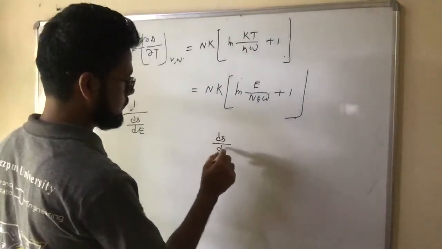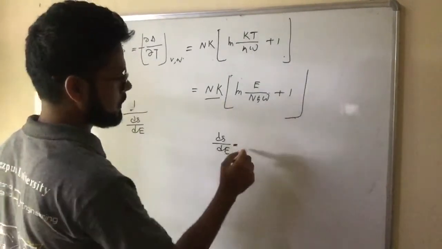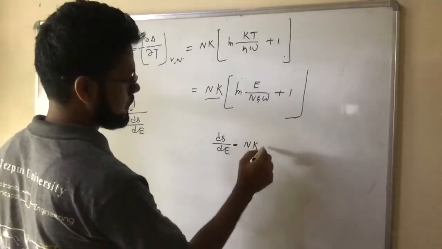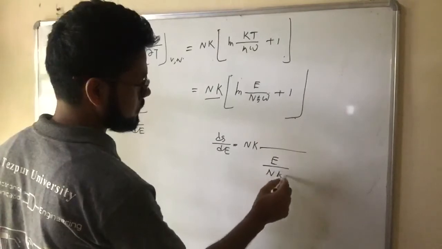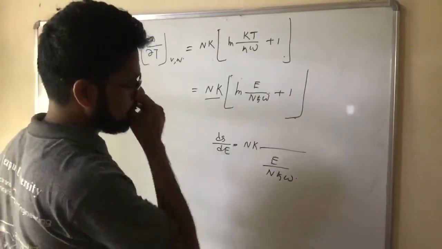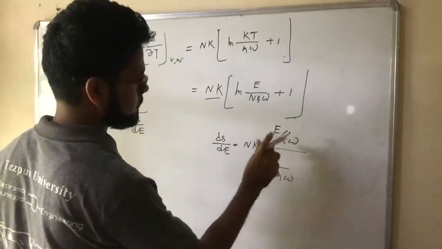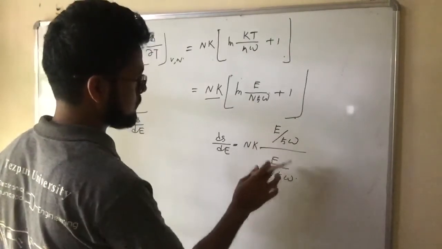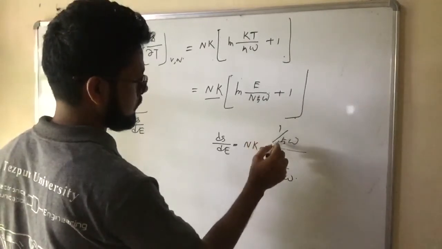dS by dE equal to, this is constant, this is constant, this is N k ln E by N h cos omega. Then E is E by h cos omega, so one by N h cos omega.